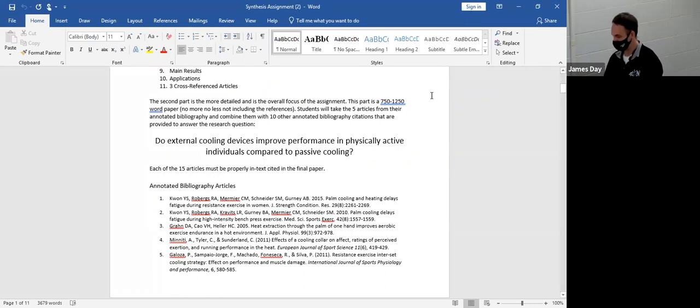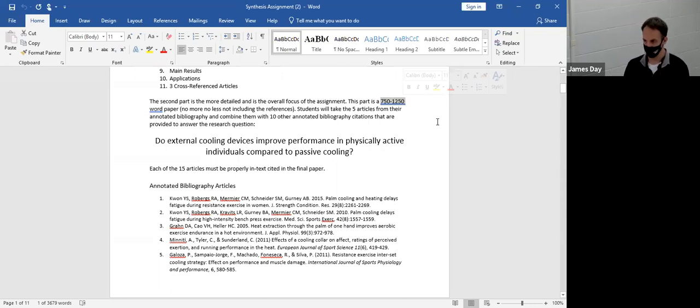You have 750 to 1,250 words. That's it. In those 750 to 1,250 words, I want you to answer the question, do external cooling devices improve performance in physically active individuals compared to passive cooling?